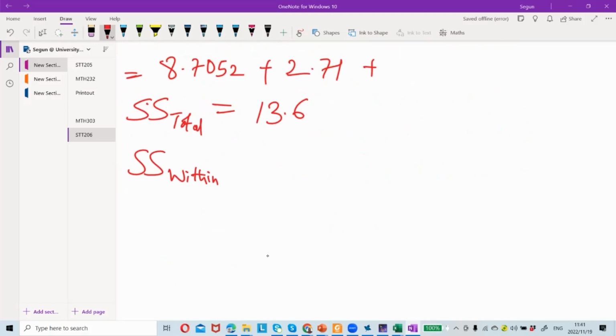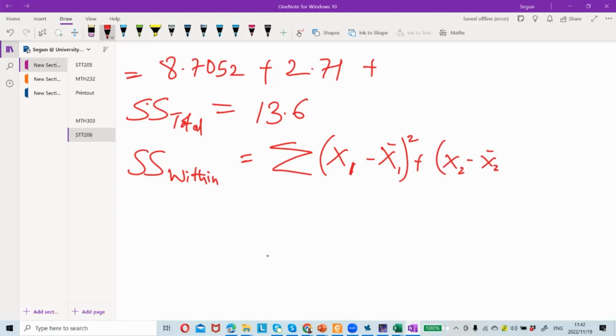Sum of square within simply means summation of xi, so x1 plus x2, so let me call this one x1, x2, minus x bar squared.